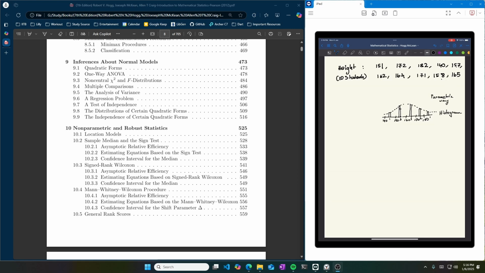Now let's assume there are two classes. This data set is from class A, let's say. And similarly, we have another data set from class B, which also looks something like this, with heights starting from around 140.